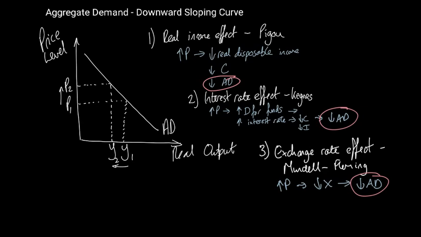And of course, all of those effects will work in reverse if the price level was falling. So if we saw a reduction in the price level, then through the real income effect, the interest rate effect, and the exchange rate effect, we would see an increase in the level of aggregate demand within the economy. We would see an extension, a movement down and to the right along the AD curve.